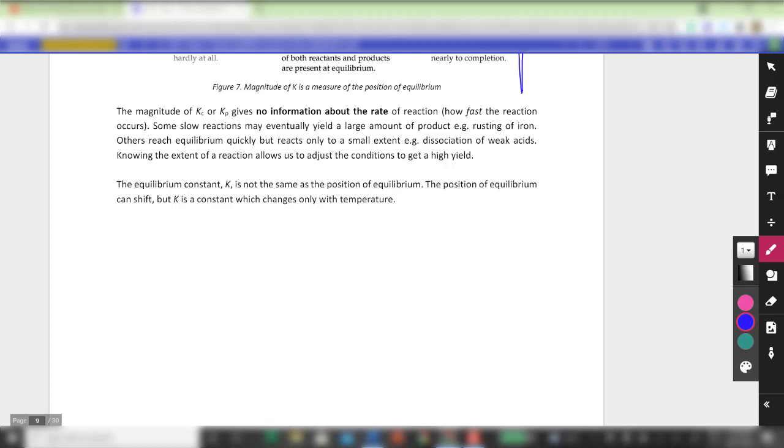Even a catalyst will not, I repeat, even a catalyst will not change the value of K. The presence of a catalyst simply allows equilibrium to be established more quickly. So the catalyst doesn't cause K to suddenly blow up in value. No, it doesn't happen that way.